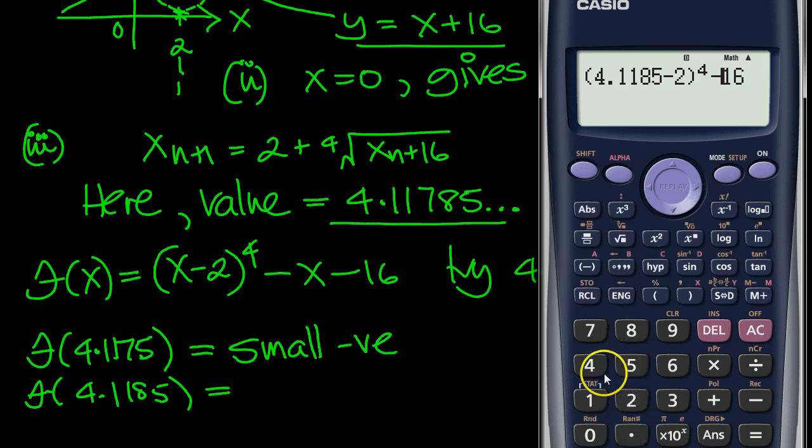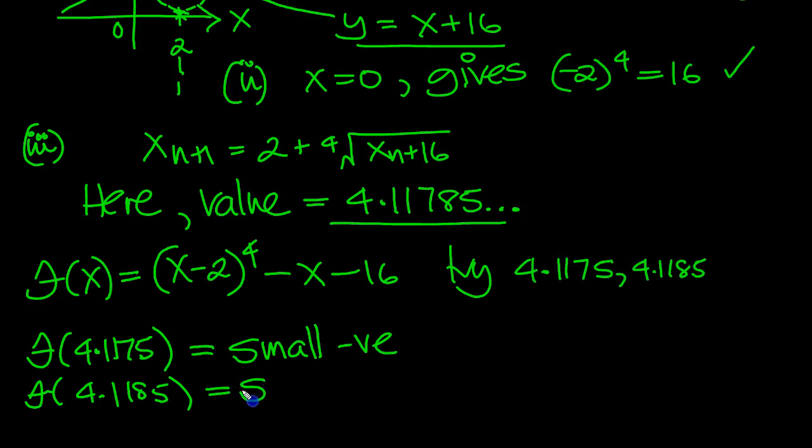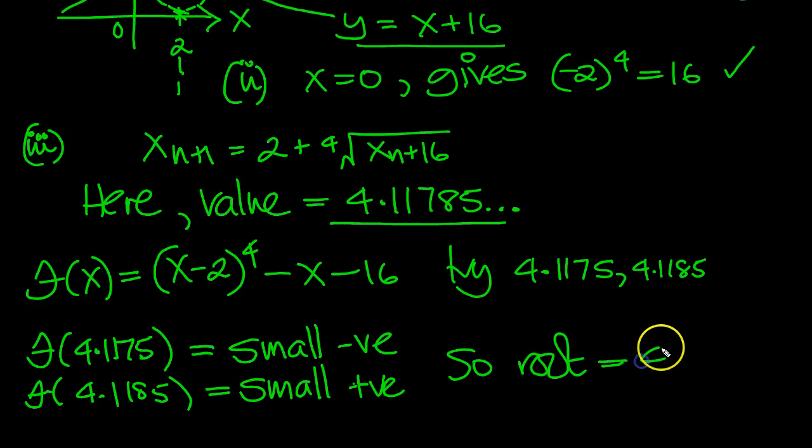It equals a small positive. Okay, good. So there's a root between these two. So the root equals 4.118, to 3 decimal places.